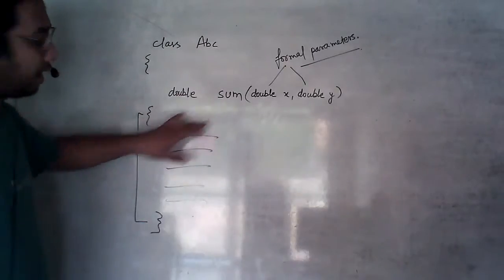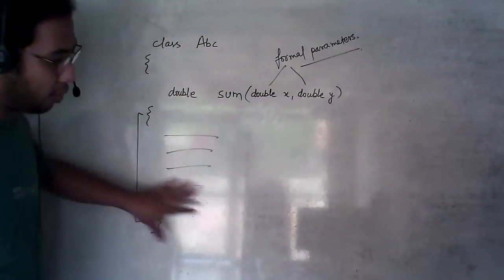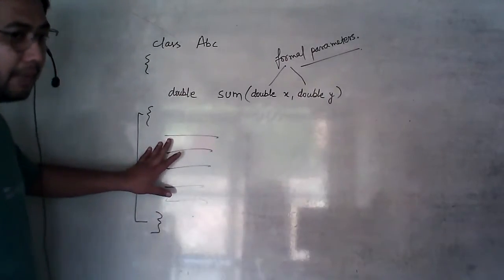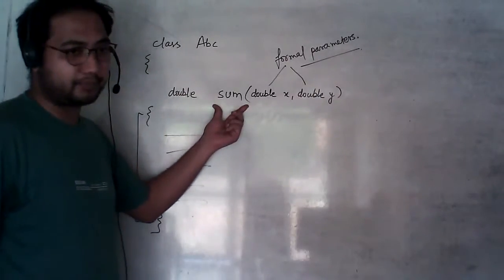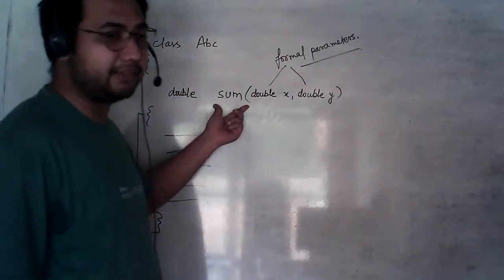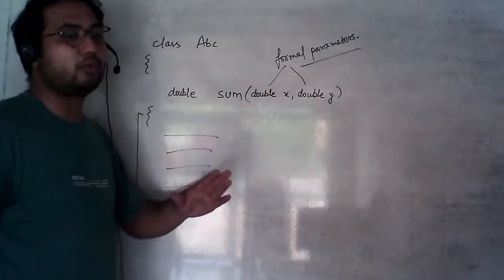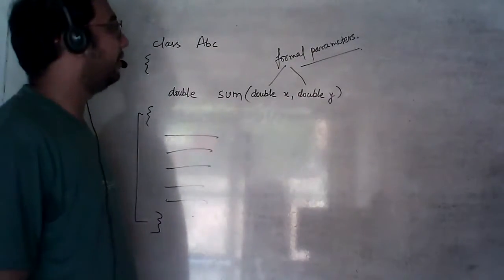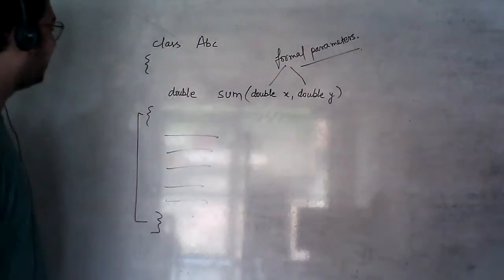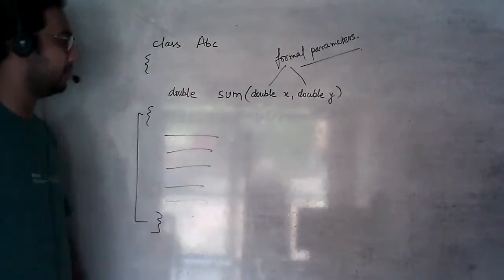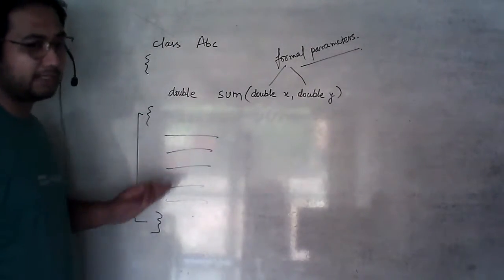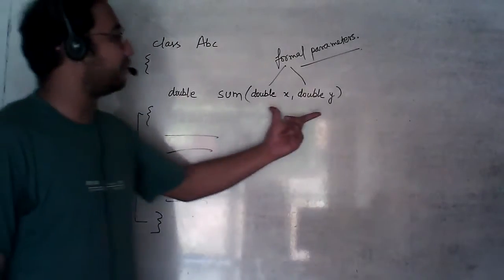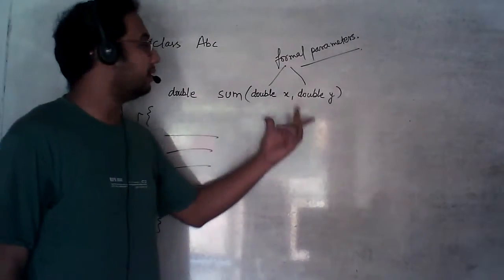Means if you want to use all this code, that whole code can be called by using only this name. This is the benefit of declaring a function. And the values which you want to pass at runtime, you can pass in the formal parameters. Okay, that will be copied in the formal parameters. So here I have declared a function. It is very easy. It will return a double type of value, and it will take double type of values at runtime.